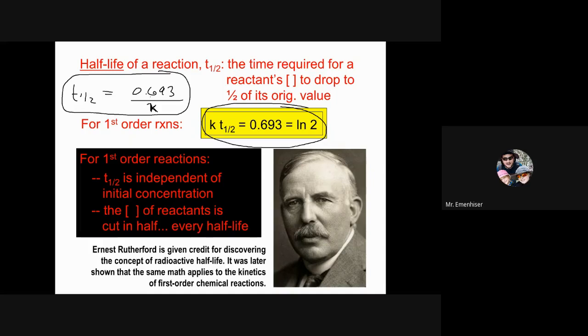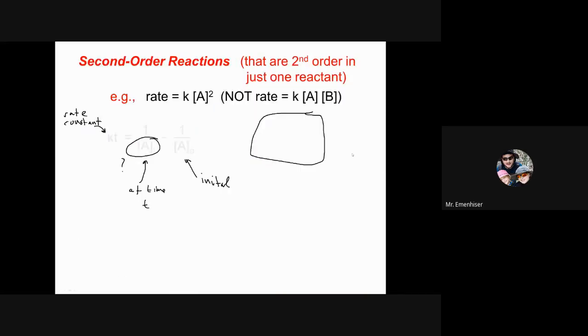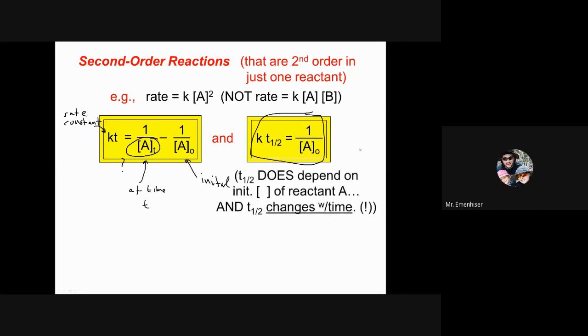The half-life is equal to 0.693 divided by the rate constant. That'll tell you the time it takes for half of your reactants to disappear. Okay, and then here's our integrated rate law and half-life equation for second-order reactions, which I've never ever seen a problem like this.